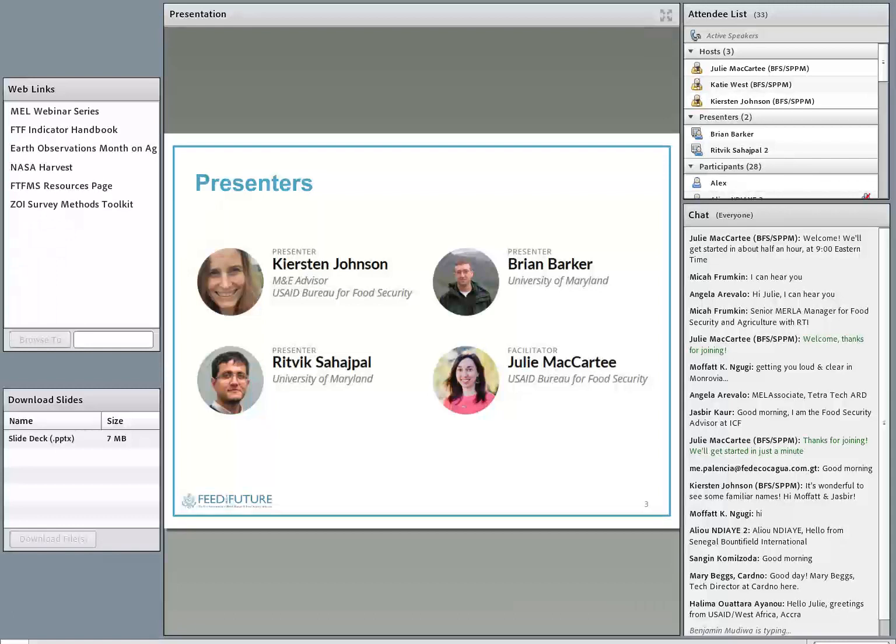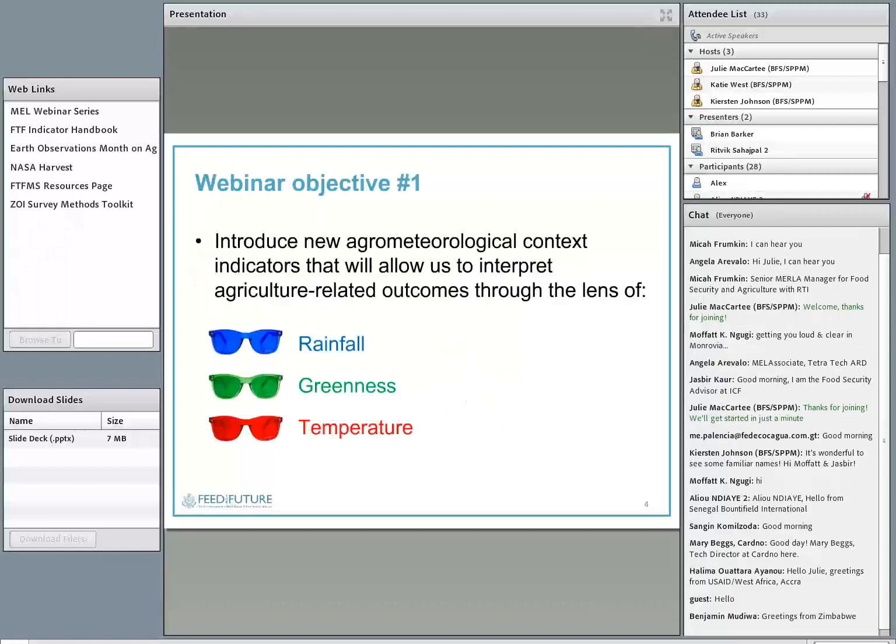And today's presentation is just one example of the way in which our colleagues at University of Maryland and NASA Harvest have really been helping us improve our work with these new data and new indicators. So thanks to both of them, and you'll be hearing from both of them later.